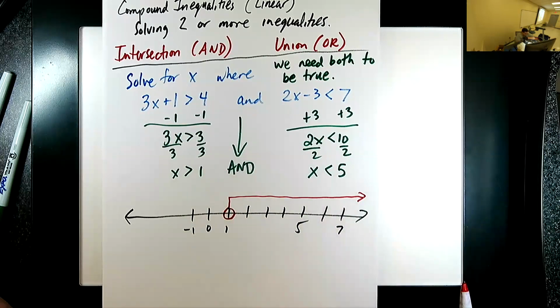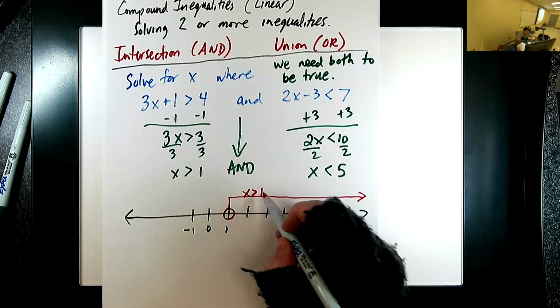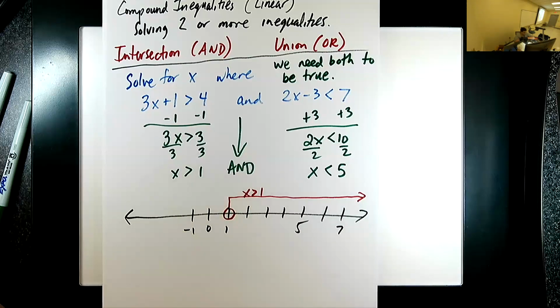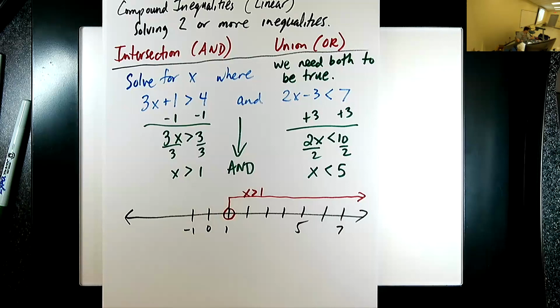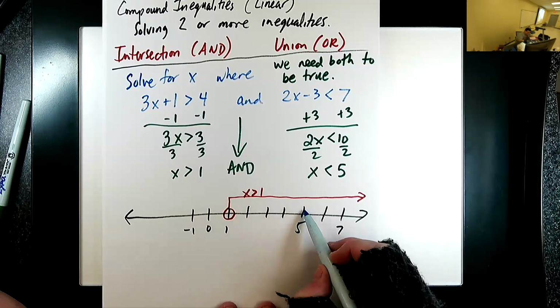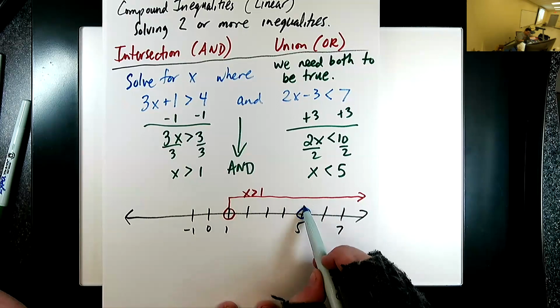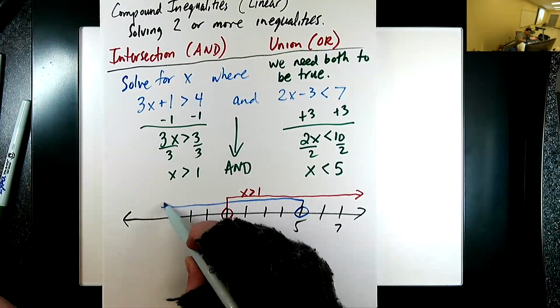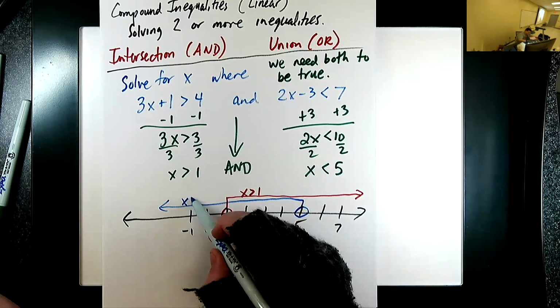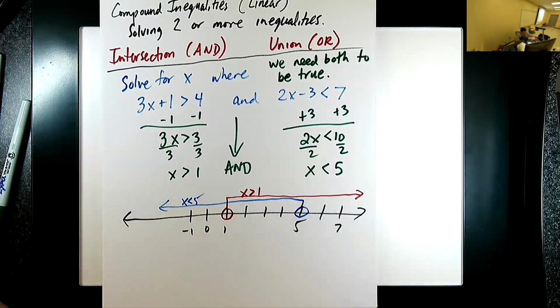And we leave the circle on 1 empty because there's no equal sign under it. This is my x is greater than 1 line. I can do the x is less than 5: I put a circle on 5, and I go to the left of 5. And this is my x is less than 5 line.